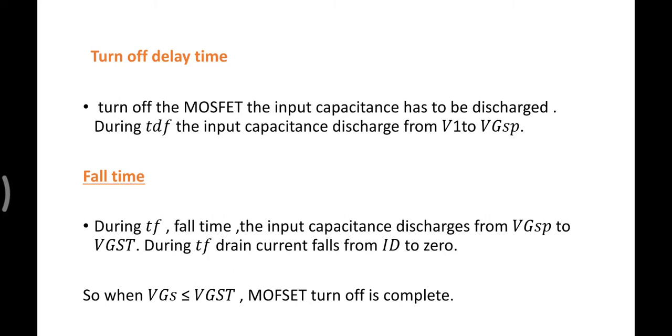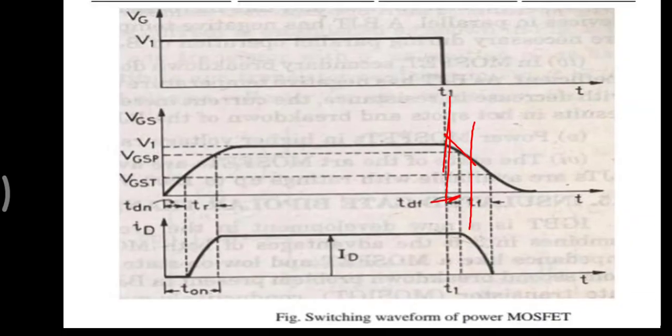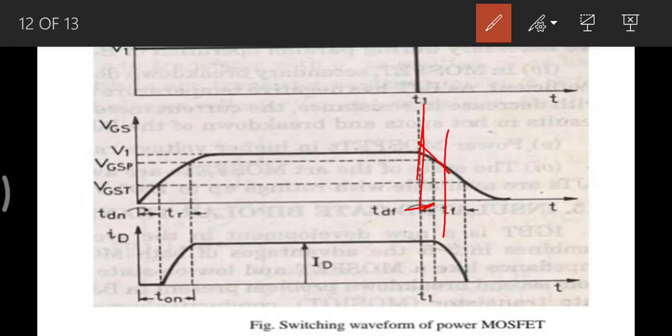Next, see here in the circuit, this is the load, here is the V1, and at T1 we are disconnecting the gate voltage.